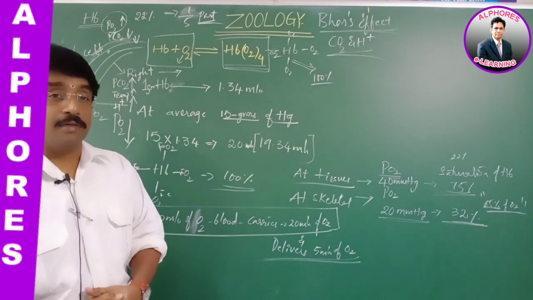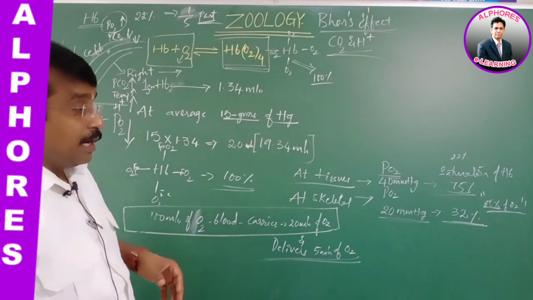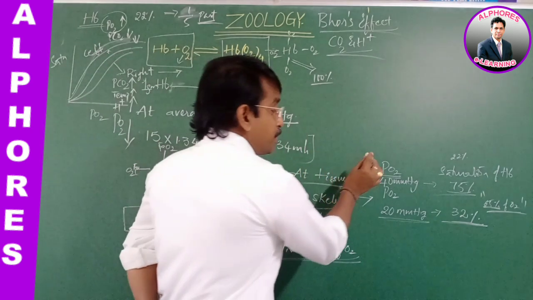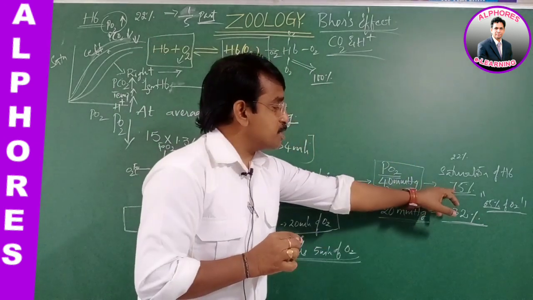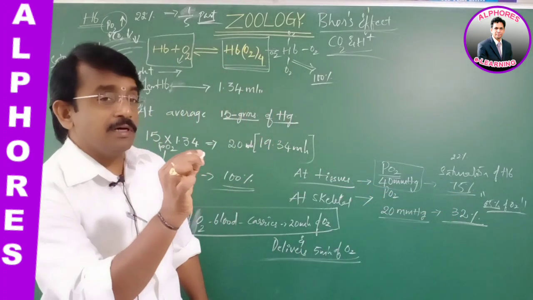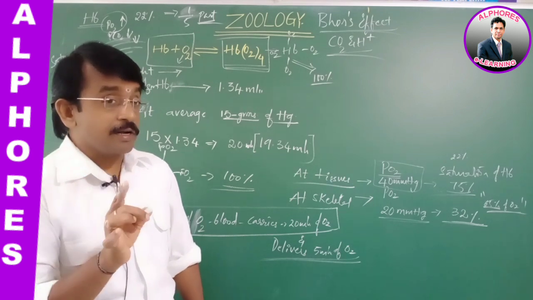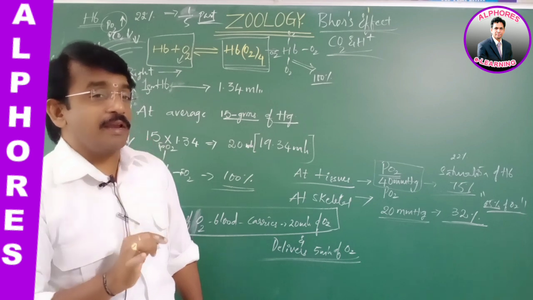How? Generally, in normal tissues where the partial pressure of oxygen is 40 mmHg, the saturation of hemoglobin is 75%, in the sense that 22% of oxygen is delivered to the tissues. Is it right? So 75% is still carried.